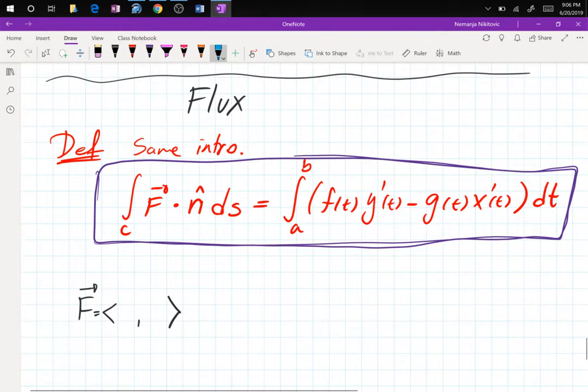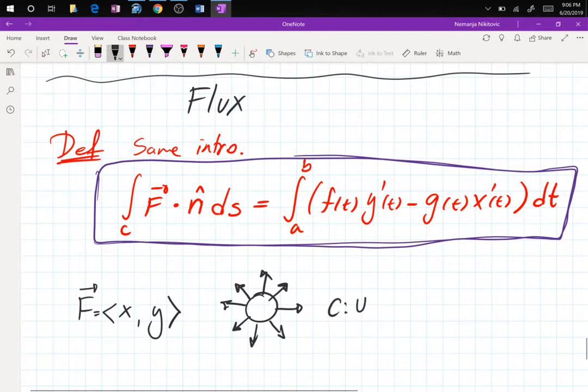So let's calculate, since now radial field is the one that is going to be good for us to look at. Radial field, basic radial field, is just X, Y. And that's the radial field which I drew earlier. It just shines out. Right? If you are on a unit circle, it just shines out all of these things.